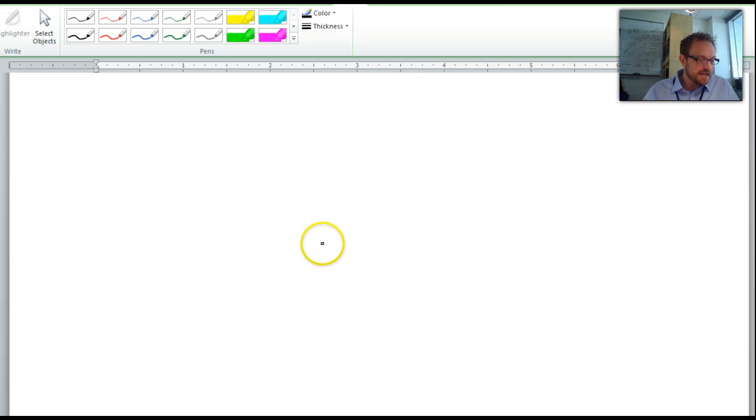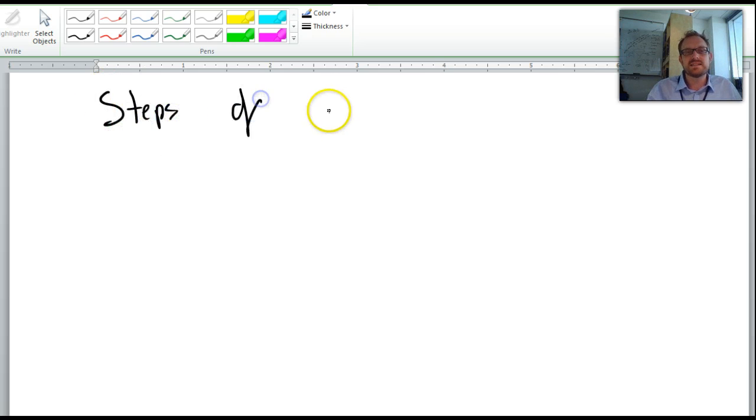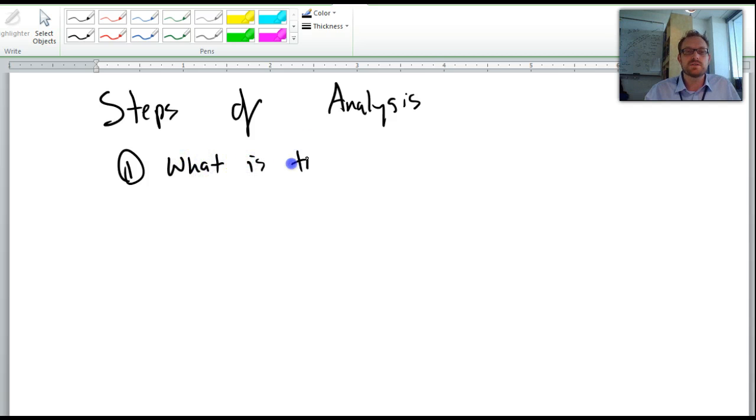So what do I want to say in general here as we go forward? What are the steps of analysis that we should use now that we're thinking about the difference between the cognitive meaning and the emotive meaning of a statement or a claim? Well, there's a number of steps. The first thing, when you look at an argument, is always to ask: what is the conclusion?